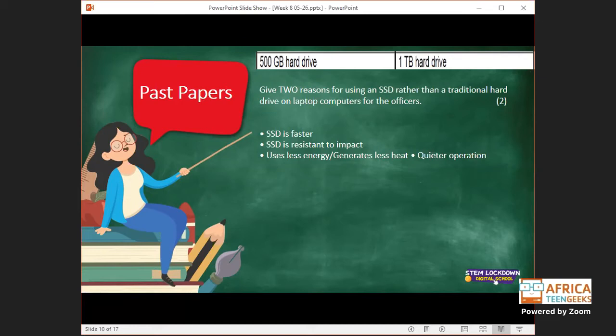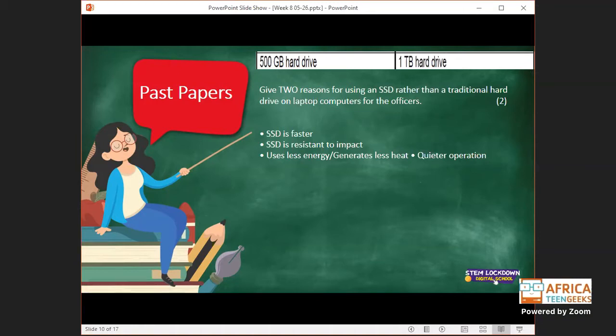For example, an SSD is faster than the traditional hard drive. By just saying the word faster, you won't always get your marks because you're not explaining why it is faster or what is faster.